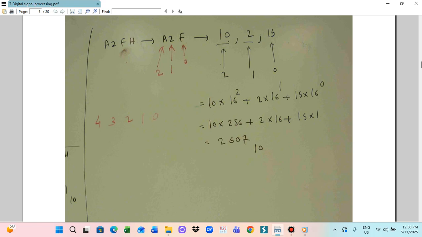So this is how we change hexadecimal to decimal conversion. So we find a decimal equivalent. A hexadecimal number is given, and we need to find the decimal equivalent.